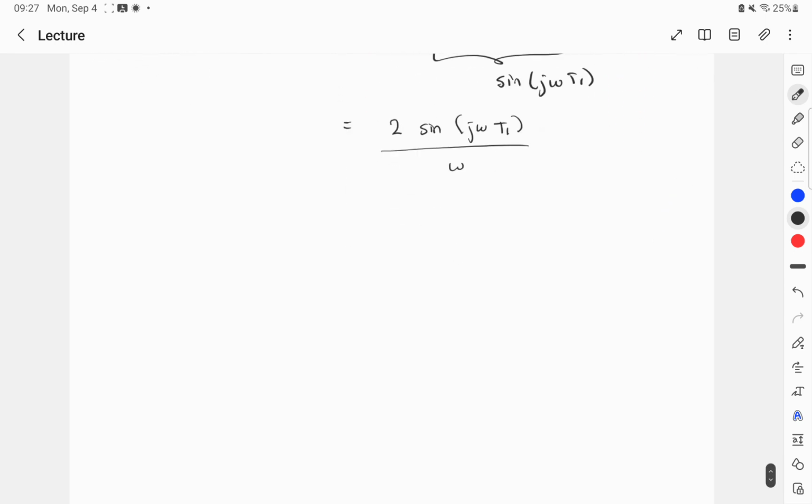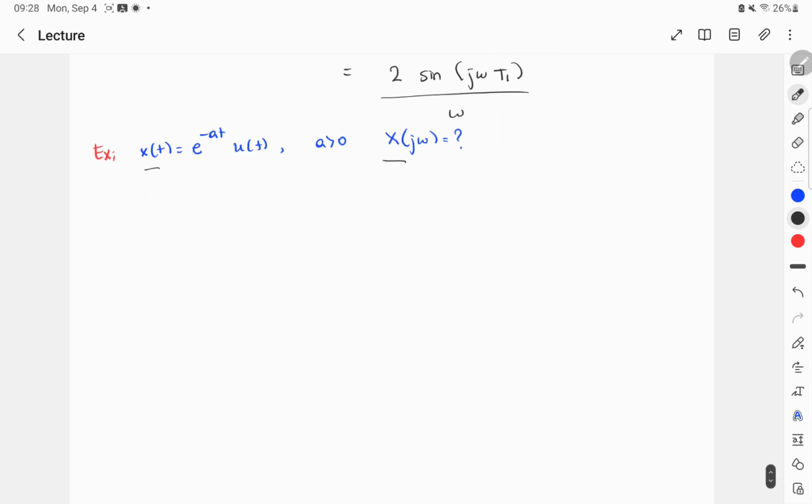Now let us try another question, another example. This time it asks us about another function which has an exponential value. So as we can see, we have a function here, x of t, and we are asked to find the Fourier transform version.